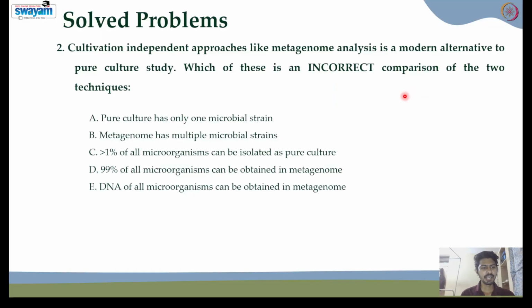Option C, greater than 1% of all the microorganisms can be isolated as pure culture. Okay, we will see the answer. But the answer is option D, which is 99% of all the microorganisms can be obtained in the metagenome approach.